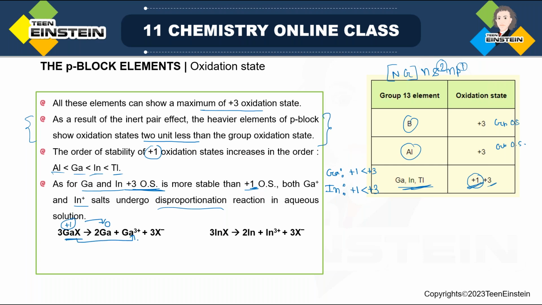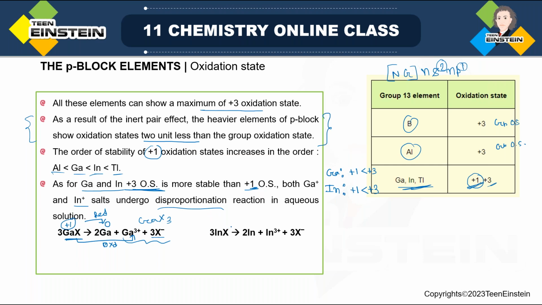It is also becoming Ga3+, and counter ions are there. It is actually GaX3, but just to show the oxidation state, it is written in this way. Just combine it and it will be GaX3. But whatever it is, the oxidation state is +3. So from +1 now it is +3. So this is oxidation. The other is reduction. Both reduction and oxidation occur simultaneously, and that is actually disproportionation, right?